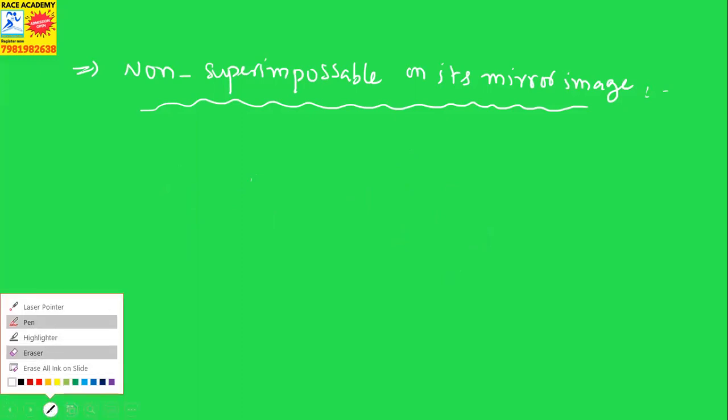In this juncture, we need to check with organic compounds. The organic compound should be non-superimposable. For example, take a carbon with chlorine, fluorine, bromine, and hydrogen shown. Here one hydrogen, one bromine, one fluorine. We keep a mirror here, then what will happen? This image will come like this.